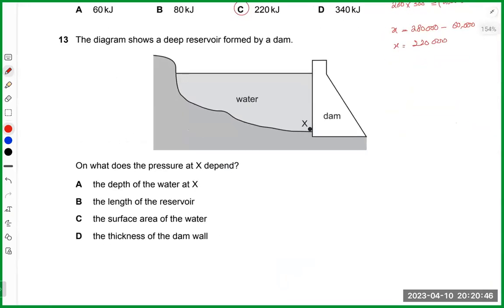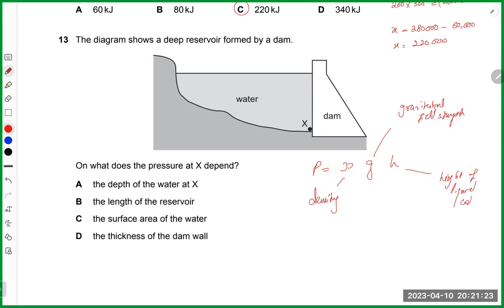See. The diagram shows a deep reservoir formed by a dam. On what does the pressure at X depend? Pressure at X depends on rho g h: density of the water, gravitational field strength, height of the liquid column above the point.